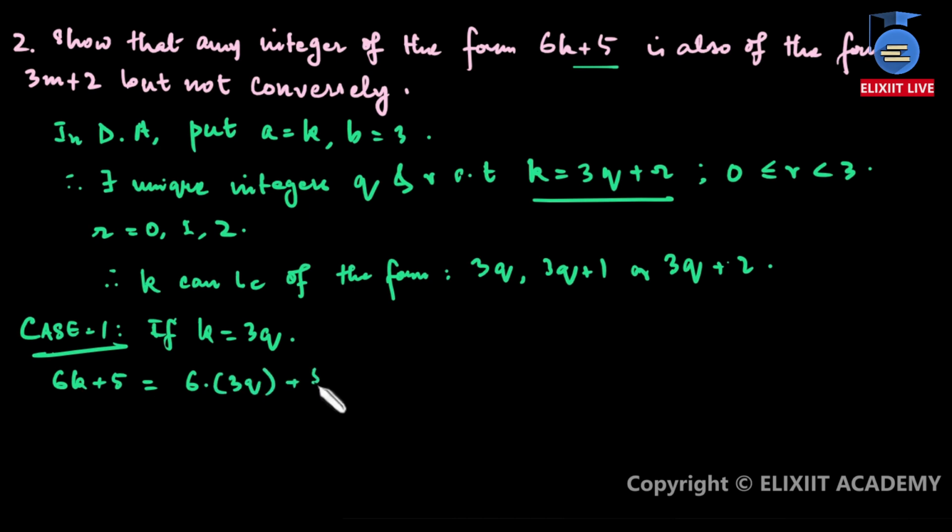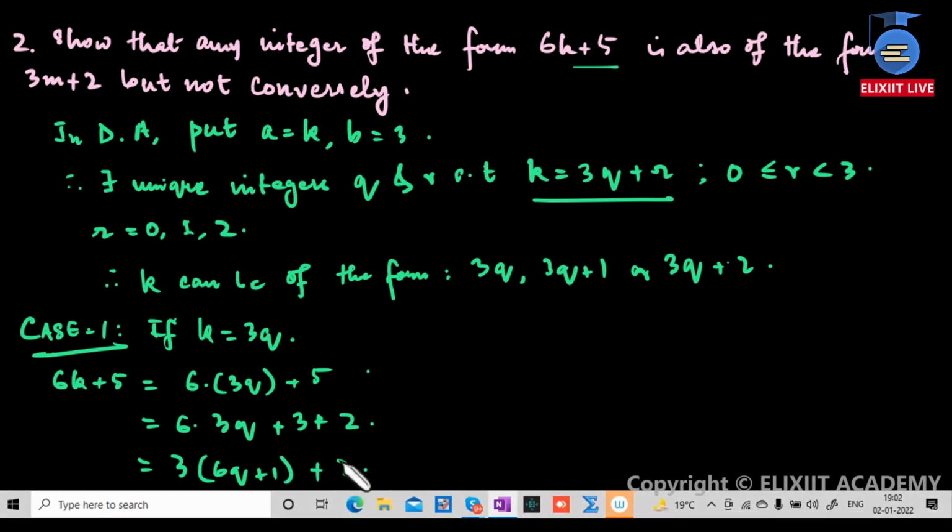We can write this 5 as 3 plus 2, so that we can take out one 3 common. This turns out to be multiples of 3 now. So 3 into 6q plus 1, plus 2. So remainder is left out to be 2.